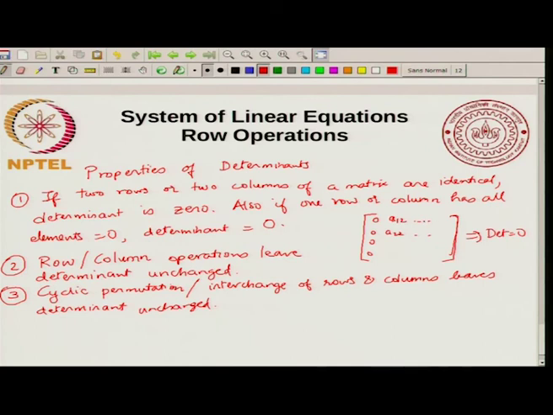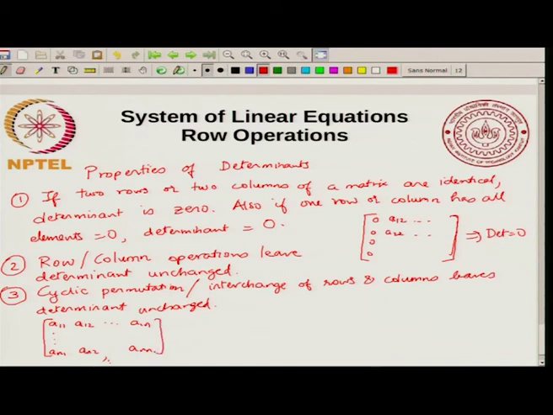Okay. So, for example, what is a cyclic permutation? I will just do one cyclic permutation of columns. So, if I have A11, A12 up to A1n and then all the way up to AN1, AN2 up to ANN.